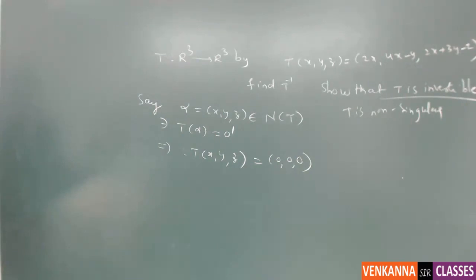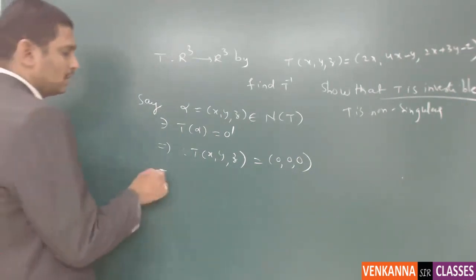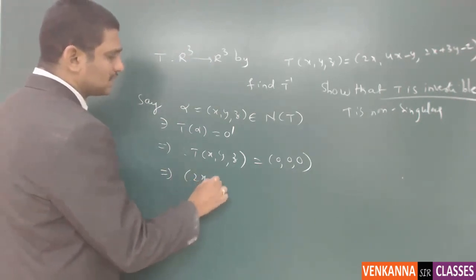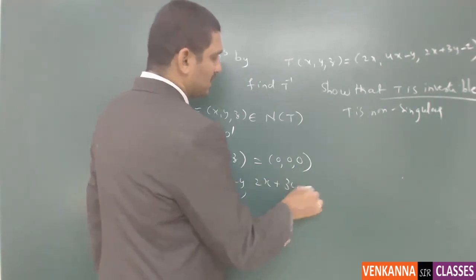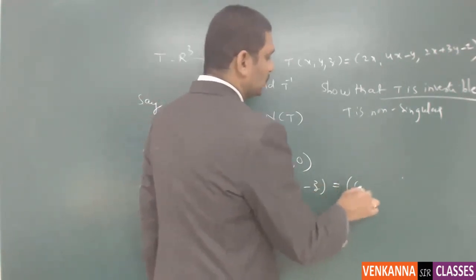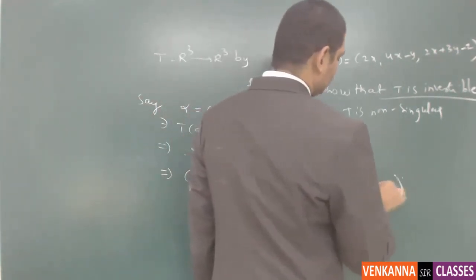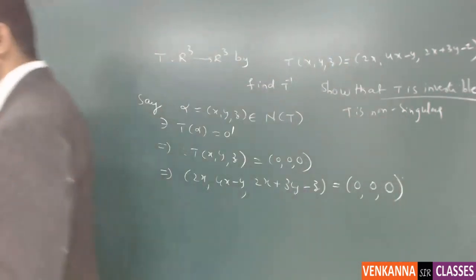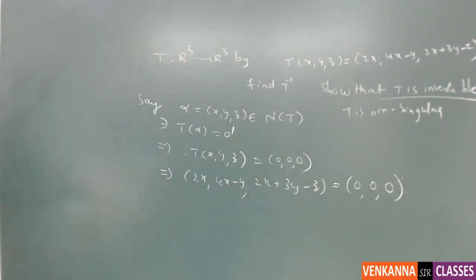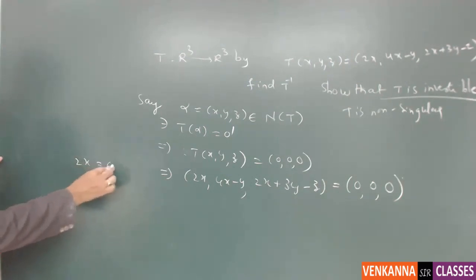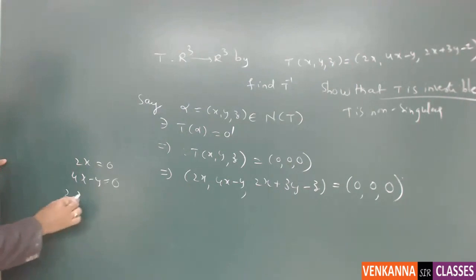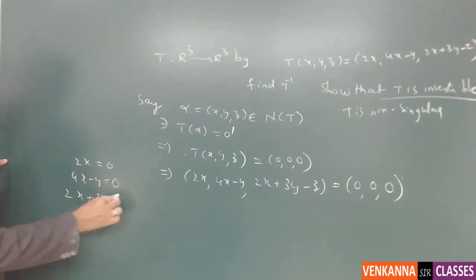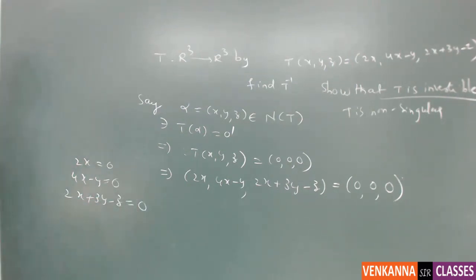Because the domain is a 3D vector space, the codomain is also a 3D vector space. So applying the condition, (2x, 4x minus y, 2x plus 3y minus z) is equal to (0, 0, 0). Now if you equate the things, 2x equals 0, 4x minus y equals 0, and 2x plus 3y minus z equals 0.